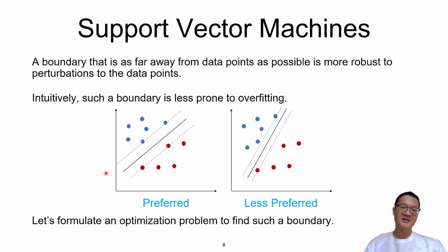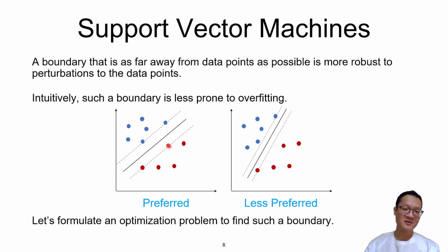Why do we want to do that? If we do that, then any noise in the data, which could exist in the actual data generation process that we don't have access to, will matter less. If our model is a line that is as far away from the data points as possible, then we would be more robust to the noise. Intuitively, this is less prone to overfitting.